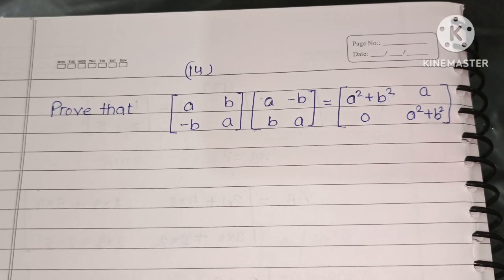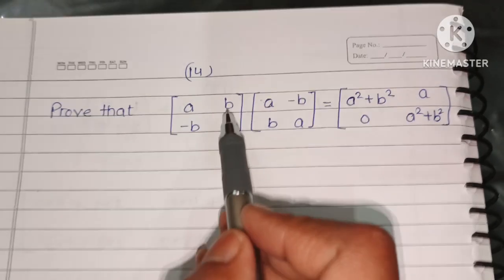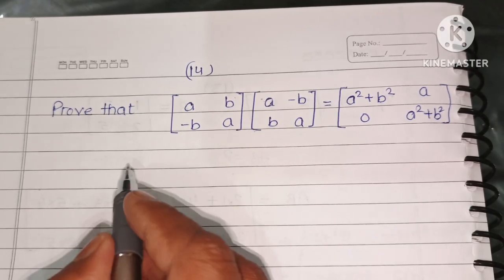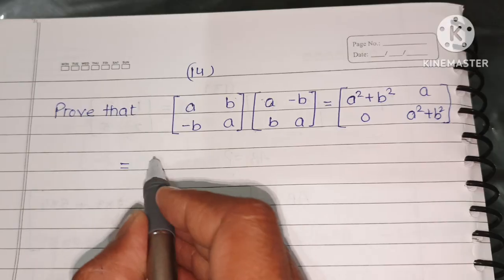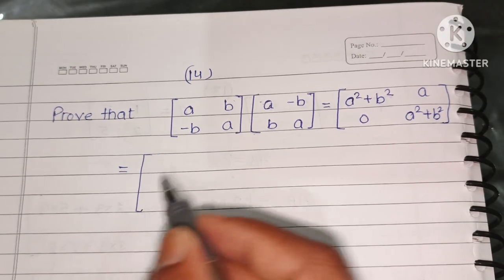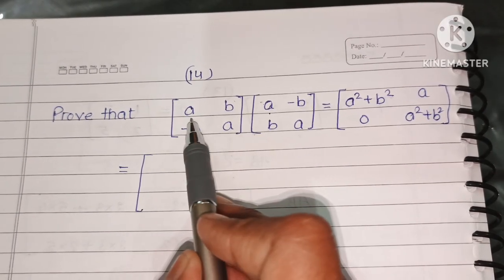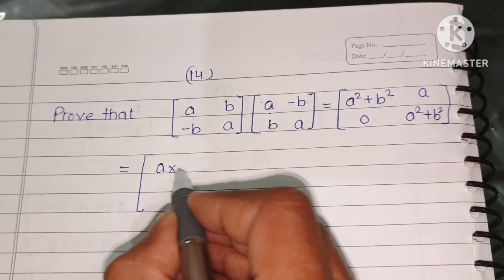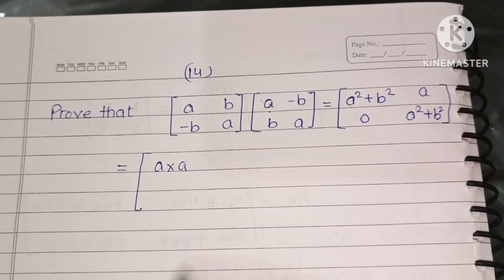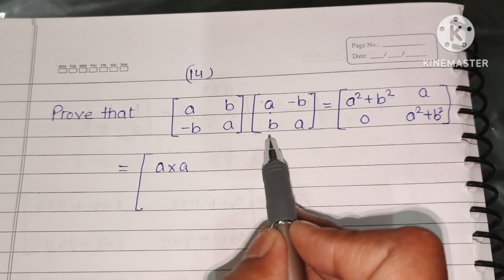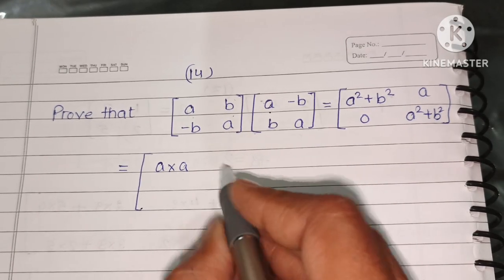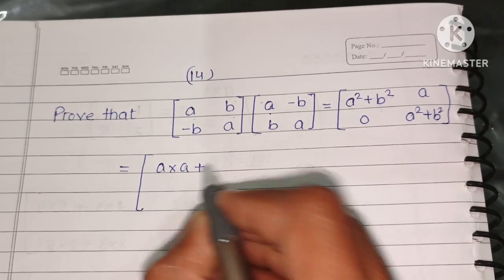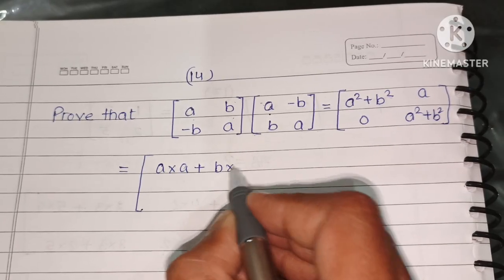First of all, I have already told you that this row will be multiplied by each column, so we can write this multiplied by this, so A into A, and this multiplied by this, so plus B into B.